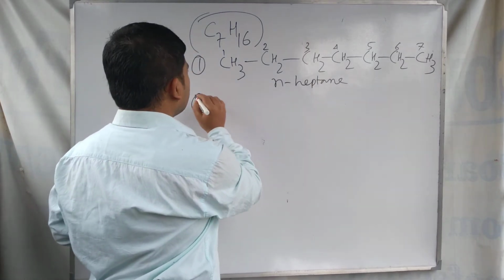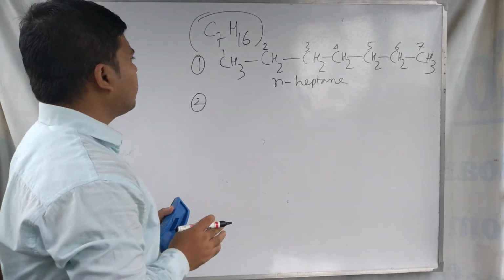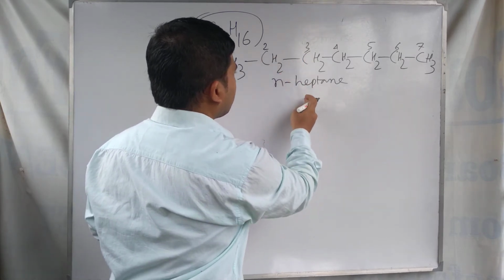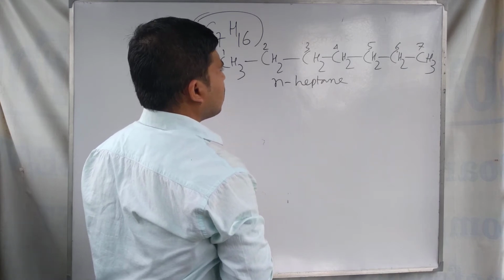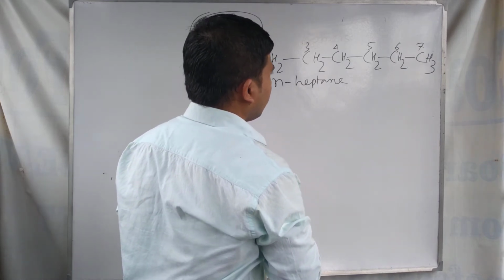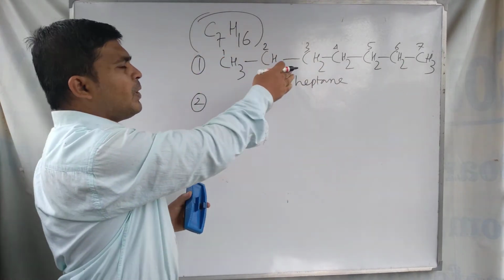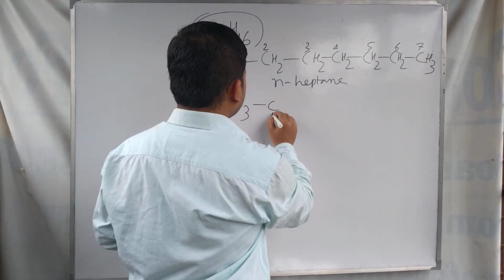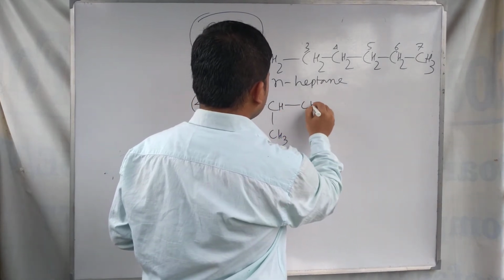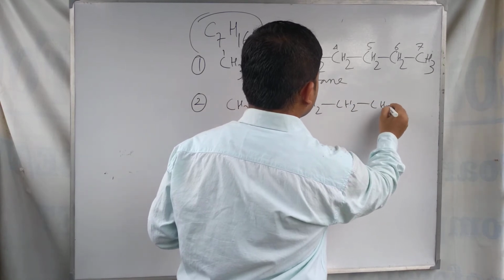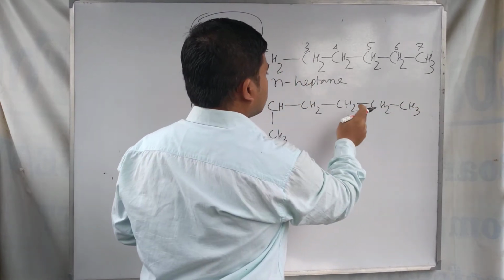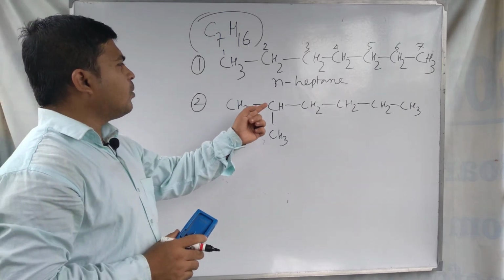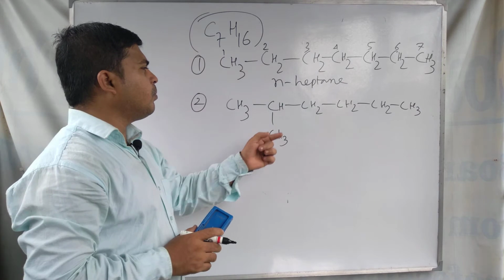After that, because branching is possible, we cut one carbon, a CH3 group, from the main chain and place it as a branch on a carbon. From the main chain one carbon goes to the branch position, and the isomer is produced like this: 1, 2, 3, 4, 5, 6, 7, with 7 carbons present in total.